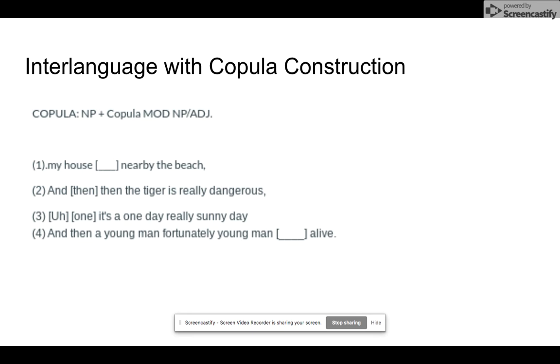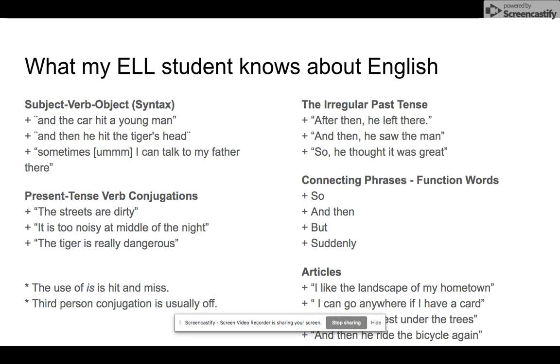Again, this shows me that this is in the emergent stage for this construction, which is, of course, a natural process of acquiring language. Not quite yet in the systemic stage because this is not an area in which she repaired perceived errors. These errors are, again, local because they do not cause the listener to not understand what is going on. They're simply omissions of the to be conjugation.